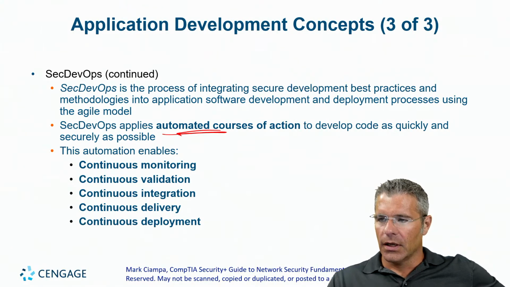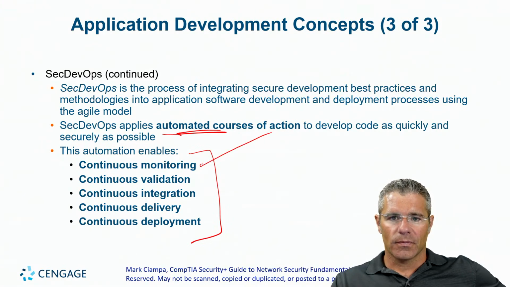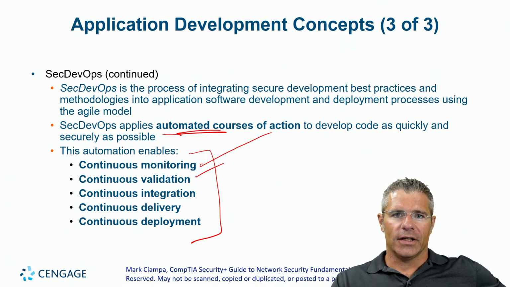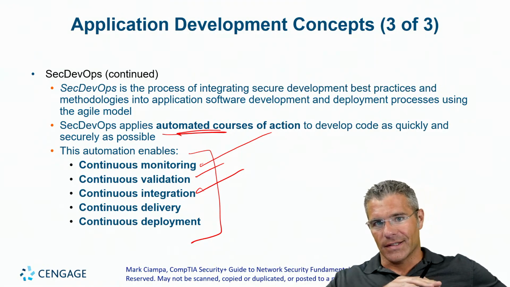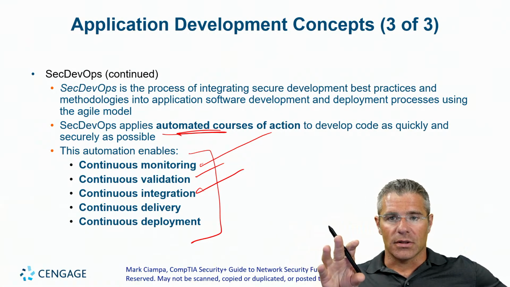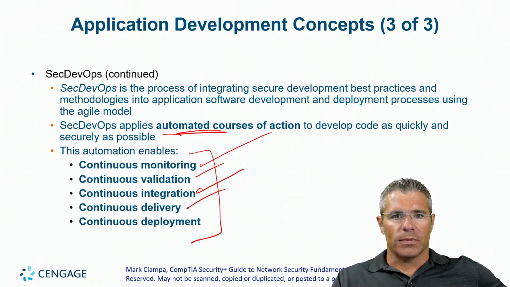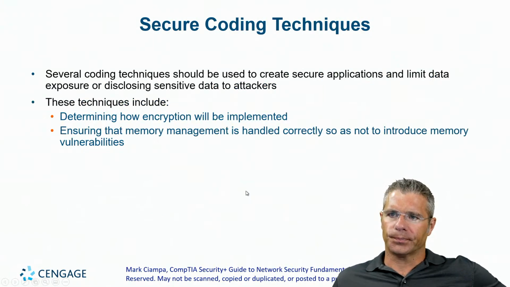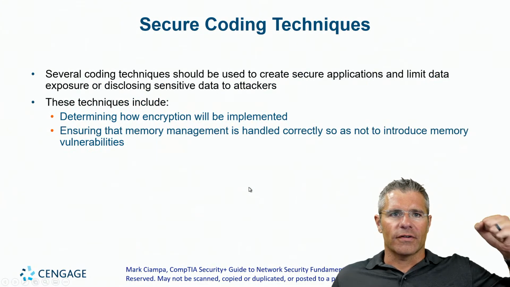So we would like our application continuously monitored by a system, to make sure that it is doing what we think it should do, validated so that it in fact does that, integrated, meaning it is set up and ready to connect to all the systems it connects to, delivered to where it is going to be put out, and then deployed so that users are using it. So that's kind of the broad overview of applications.